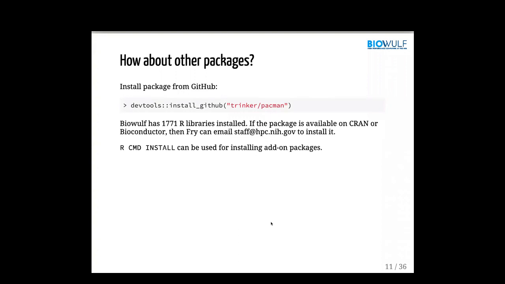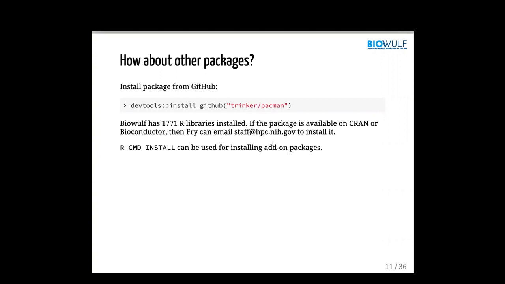But it's only one way of installing an R package, right? There are other ways, like devtools, like remotes. If the library is available on CRAN or Bioconductor, Fry can email us. We would like to install it system-wide, so that Fry doesn't have to install it in his own location.